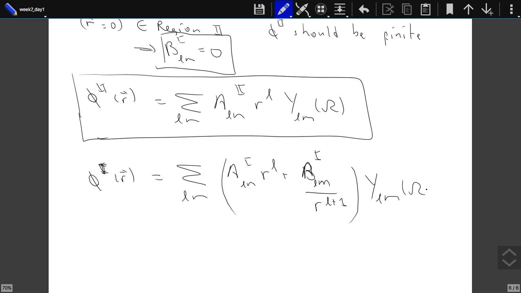Let's see, phi in region 1, that is outside our sphere, has to be equal to the sum over L, M of A_LM in region 1, R to the L, plus B_LM in region 1 divided by R to the power L plus 1.